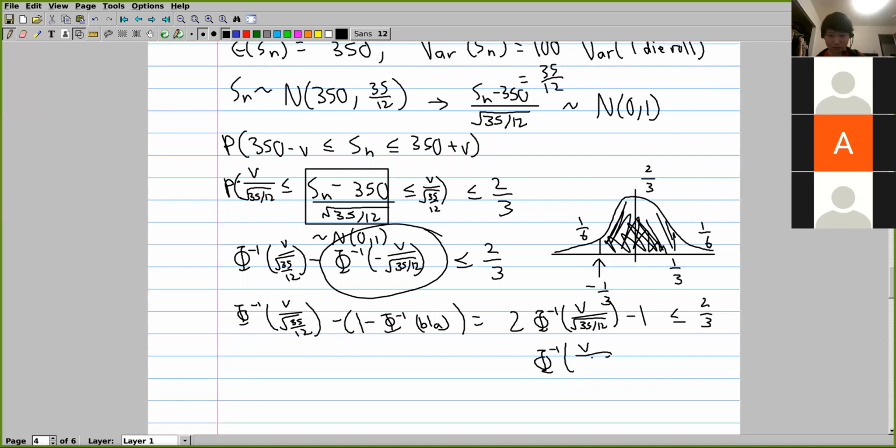Wait, so why do we start with phi inverse instead of just regular phi? Oh, oops. I'm sorry.